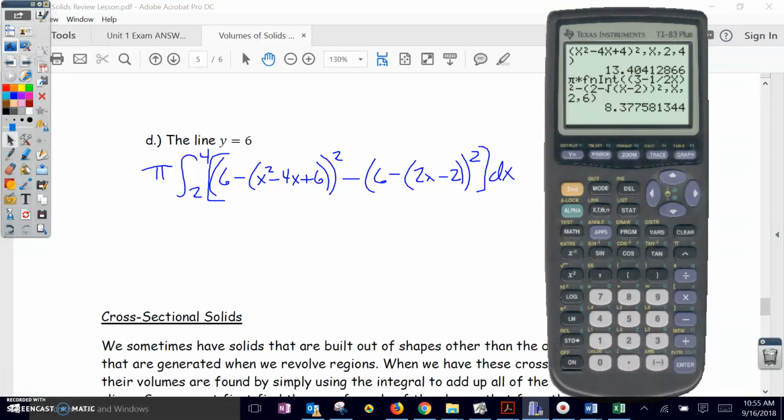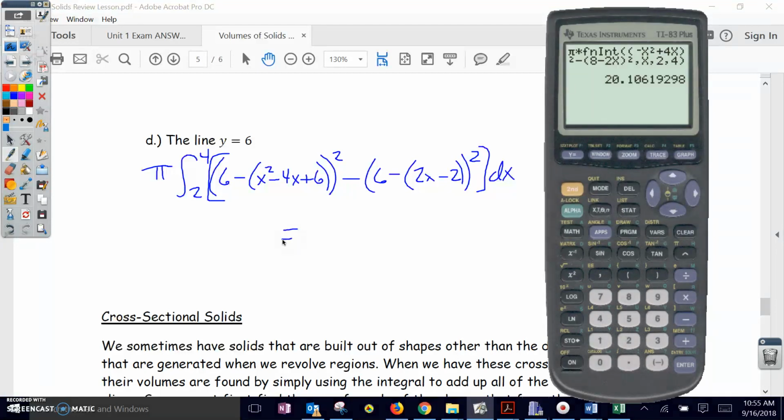And so I go back out to my main screen, and I've got pi times the integral of the quantity, and that's just going to be negative x squared plus 4x, quantity squared, minus 8 minus 2x, quantity squared, with respect to x, from 2 to 4. It's going to be 20.106.